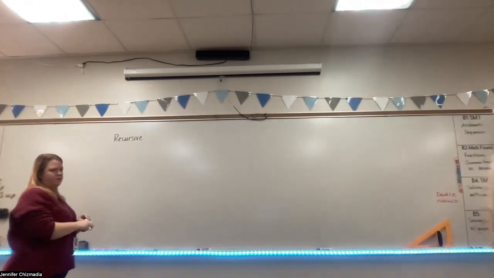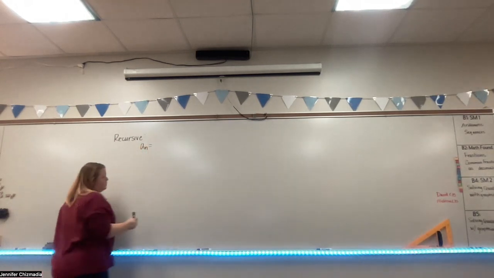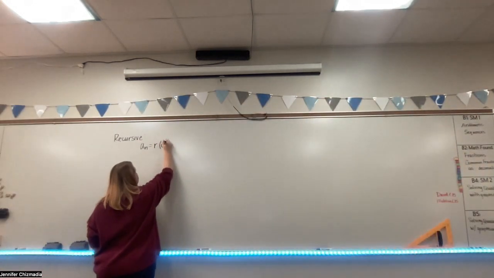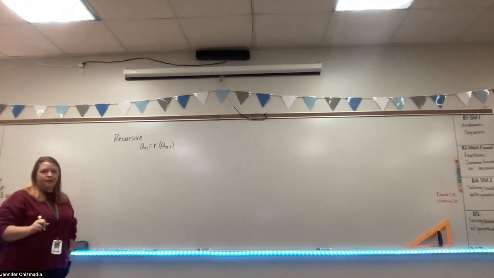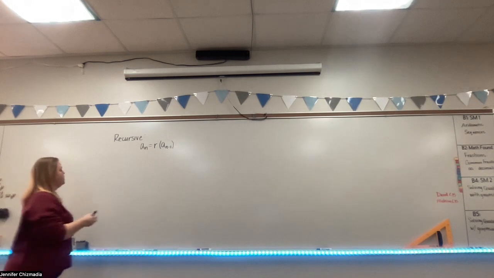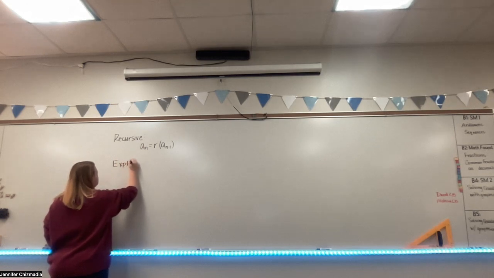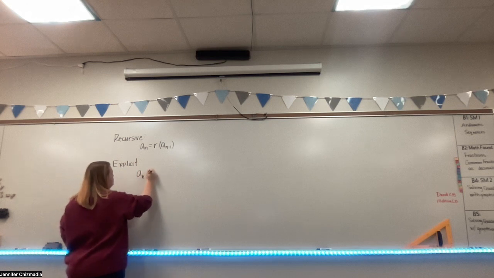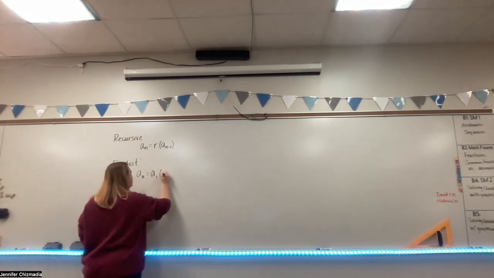Okay, what was our recursive? We always start with a sub n equals. A sub n equals R times A sub n minus 1. Okay. Easy enough, right? Just plugging in R. And our explicit starts out the same, a sub n equals first term times R to the n minus 1.